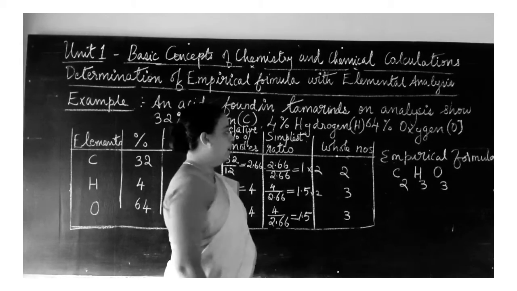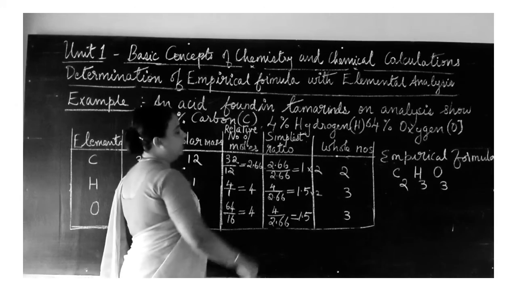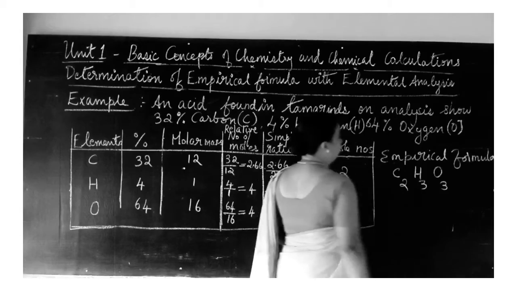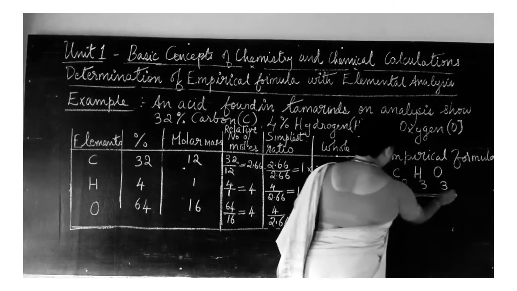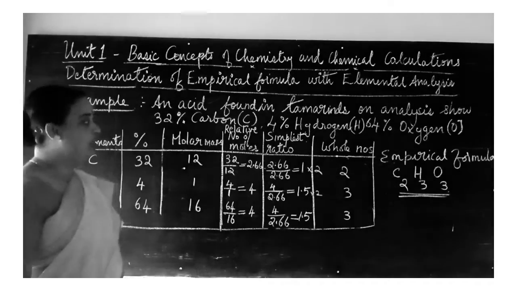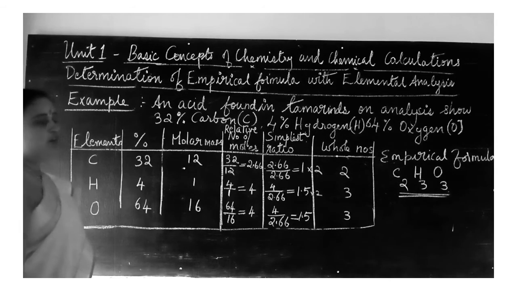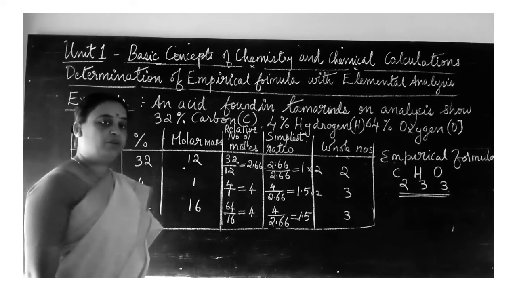So the empirical formula for the acid found in tamarind is C2H3O3. All the steps we studied previously are applied in this problem, and finally we determine the empirical formula for the compound. Hope you understood this video. Thank you.